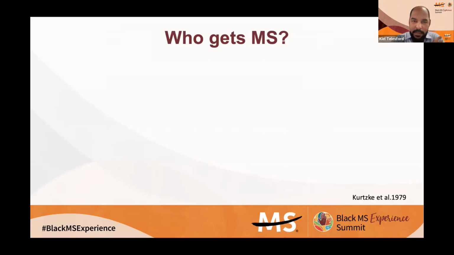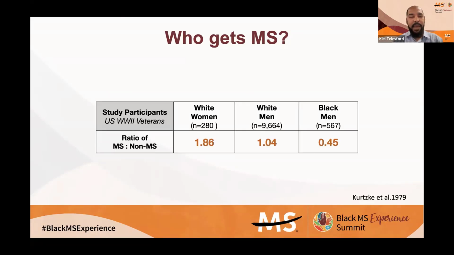And of course, that's a complex question, but looking at this study that was done in 1979, looking at ethnicity, this was a study conducted with a sample of World War II veterans and data collected from these individuals. And individuals who self-identified as being either white, so we have white women, white men, and Black men.